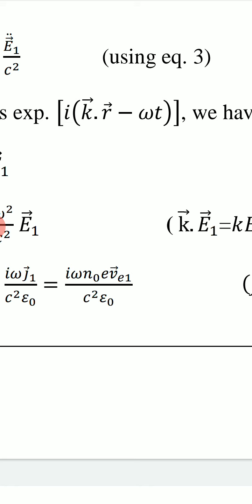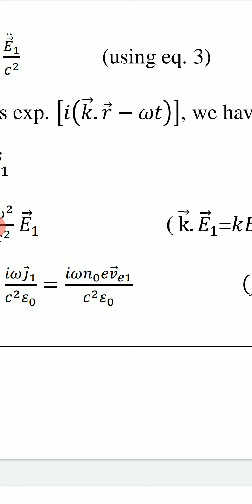And del vector is equal to i k vector. In del vector we have partial differentiations with respect to x, y and z, and in the exponential x, y, z are in the r vector. The r vector is x i cap plus y j cap plus z k cap. So del vector will be equal to i k vector.